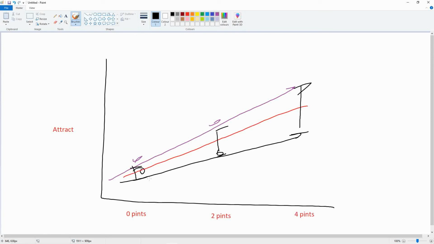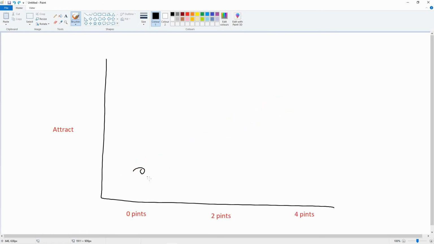But generally speaking, we still have the same direction. So in which case, what we could be saying here is, well, sure, averaging across gender, as alcohol goes up, so does attractiveness. But for females, there is a stronger relationship than males. That's different to the other scenario, though, where males and females were going in totally opposite directions.